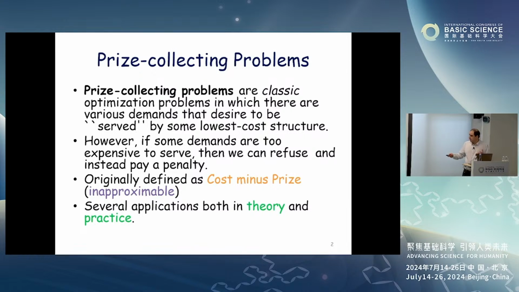You pay some cost and get some price back. So the objective is cost minus price, because these prices are the money.